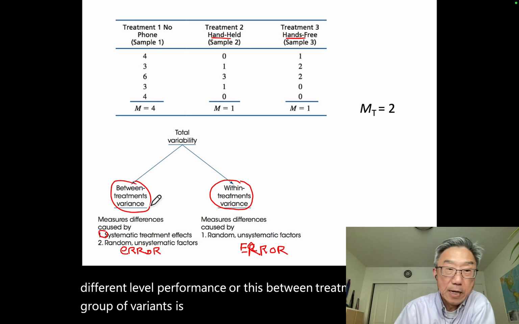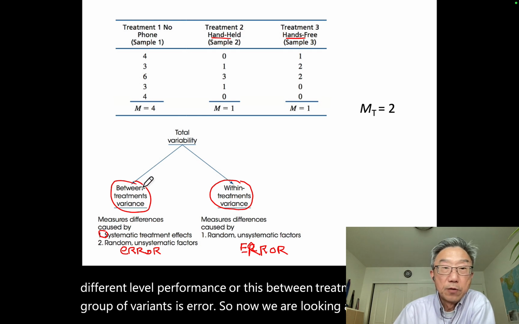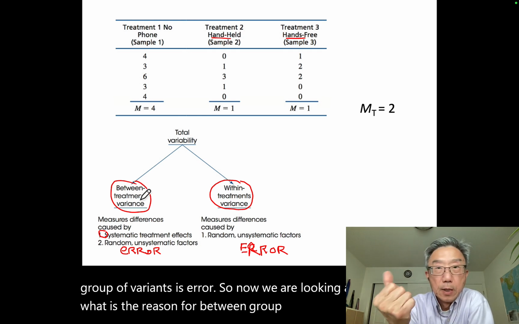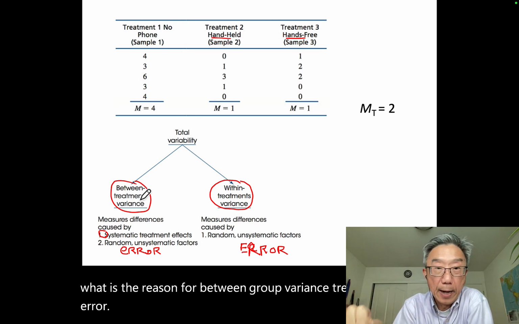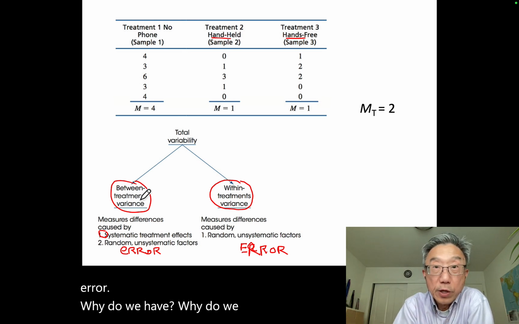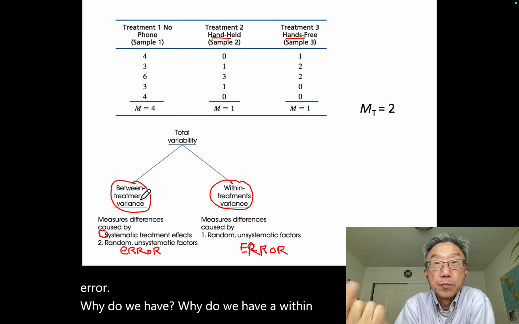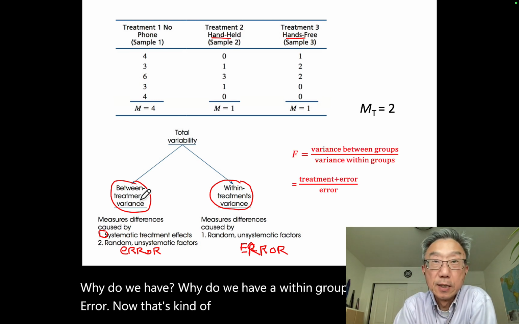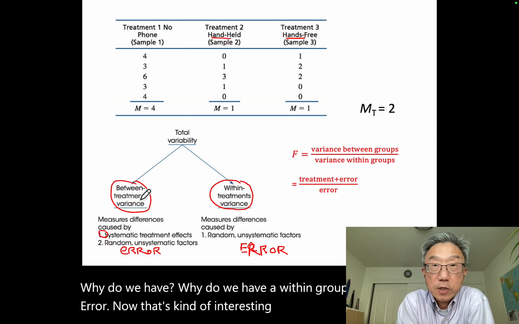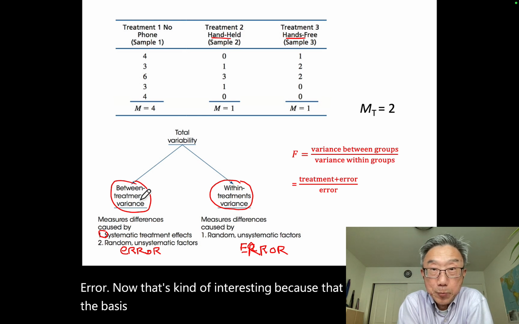So now we are looking at a situation: what is the reason for between group variance? Treatment plus error. Why do we have within group variance? Error. Now that's kind of interesting because that actually forms the basis for the F statistic that we use for analysis of variance.